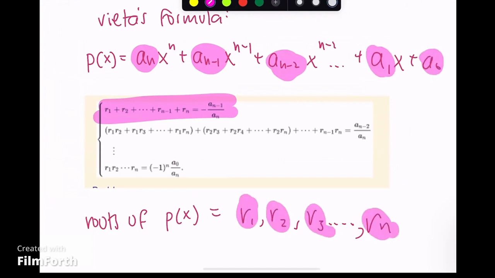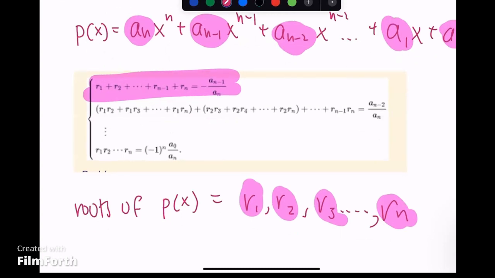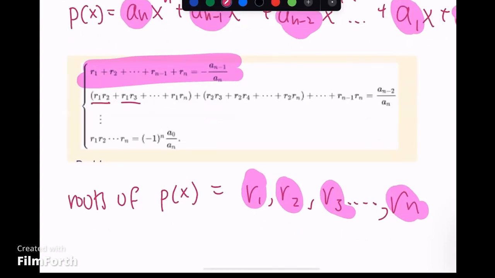And basically it tells us a lot about the relationship between all these roots, because it tells us that if I paired every single root with another root, not including itself, so we can't have r1 with r1, we can pair r1 with r2, and then r1 with r3, all the way until r1 with rn, and then we pair r2 with r3, r2 with r4, all the way until r2 with rn.